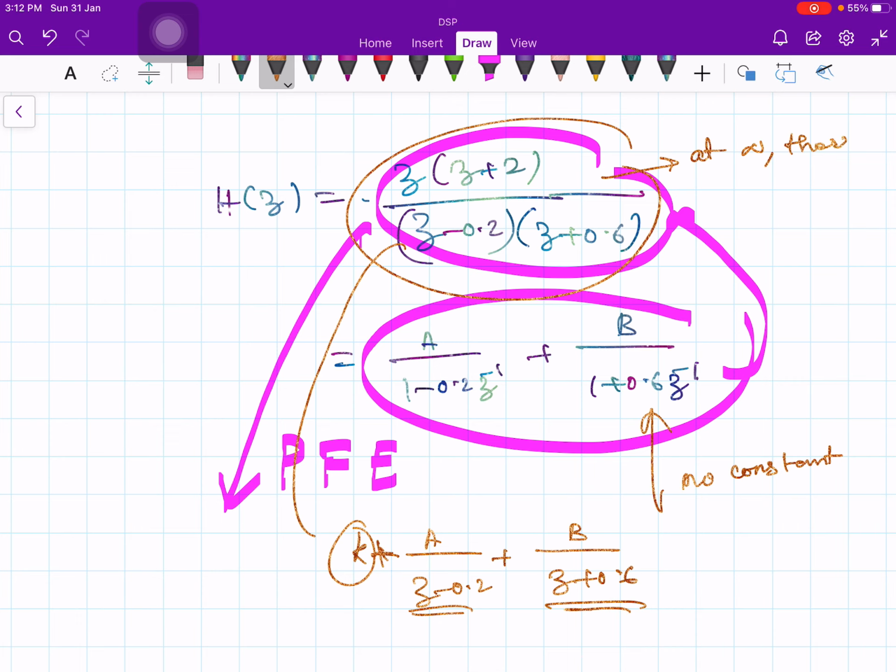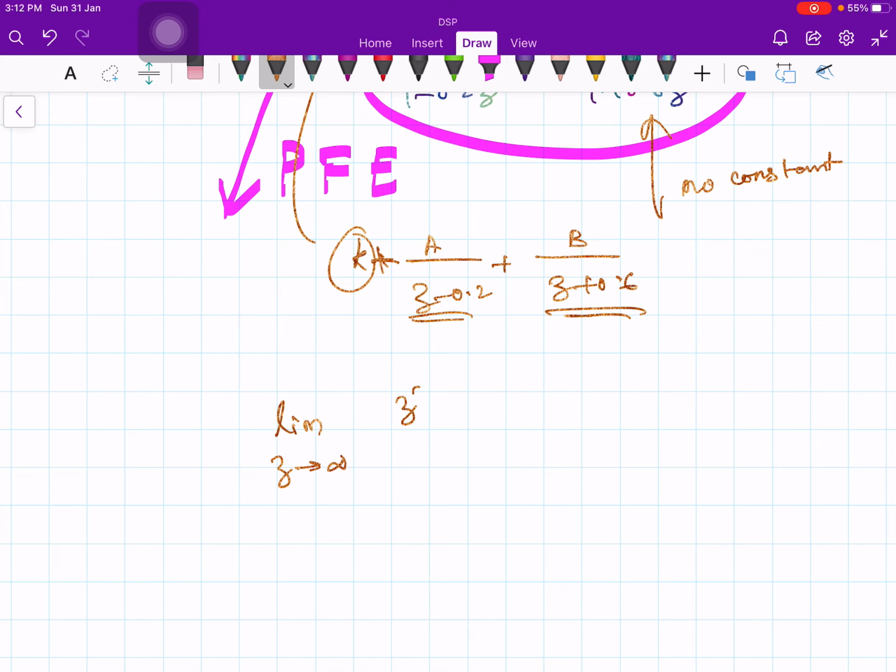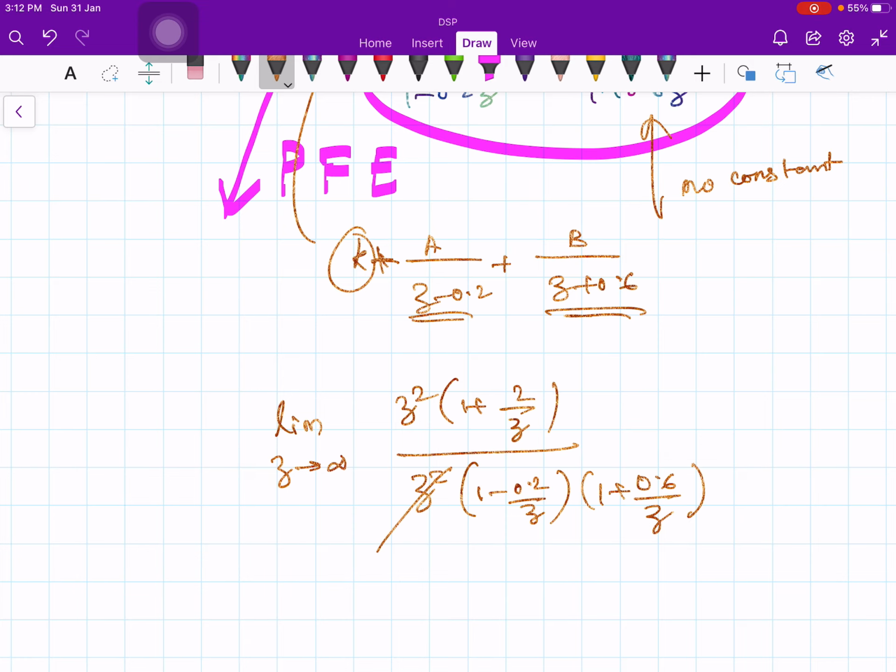Okay, and that constant will be equal to limit z tends to infinity of z square plus 1 plus 2 by z. I am writing the same expression in this form: z square times 1 minus 0.2 by z times 1 plus 0.6 by z. This and that will get cancelled.